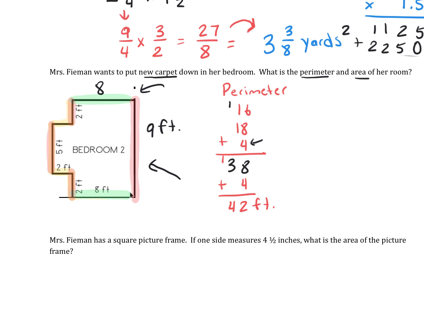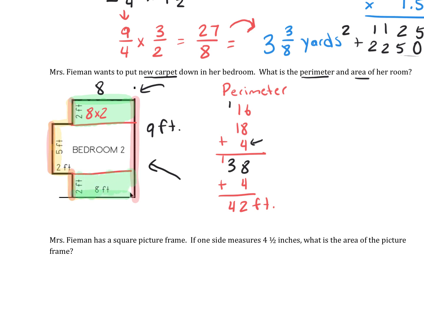Now remember, when we're looking for area, we can break this down into 3 separate rectangles. So if I'm looking at 3 separate rectangles, my rectangle up here at the top would be 8 times 2, and the same for the bottom because those are the same.